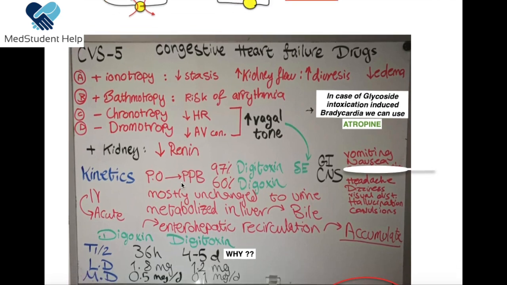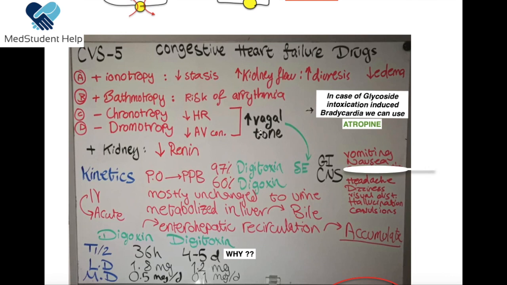Okay, let's imagine that a patient has taken, by mistake, a high dose of these cardiac glycosides. There's going to be a huge negative chronotropy, right? So there is going to be a bradycardia. How can we stop this bradycardia as an effect of the toxicity of these cardiac glycosides? How can we stop it?